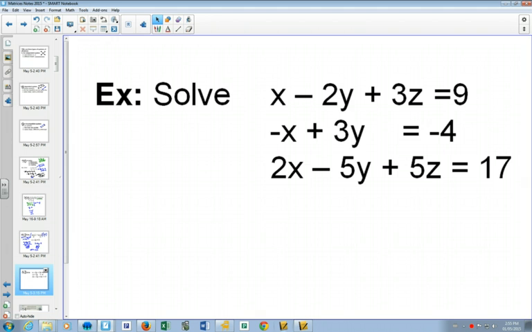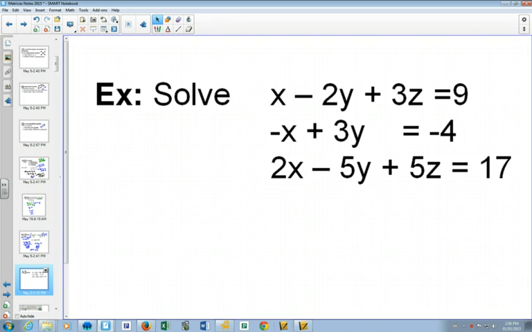So we're going to start with 3 equations with 3 unknowns. We're going to use elimination and substitution, or a combination of those, to get down to 2 equations with 2 unknowns. And then we'll be able to solve it like we did before, either with substitution and elimination, until we figure out one variable, and then slowly plug that variable back in until you find out all 3 of them.